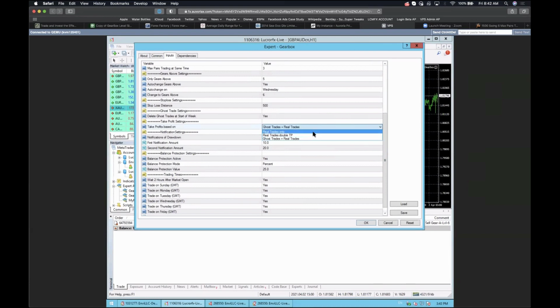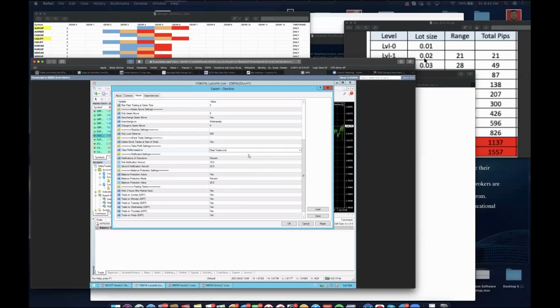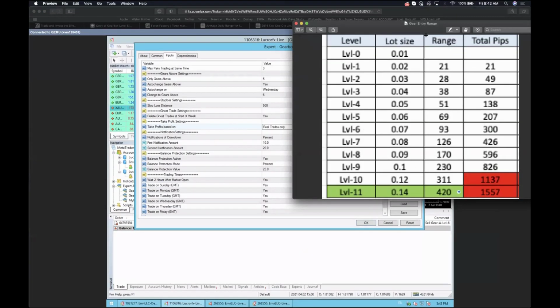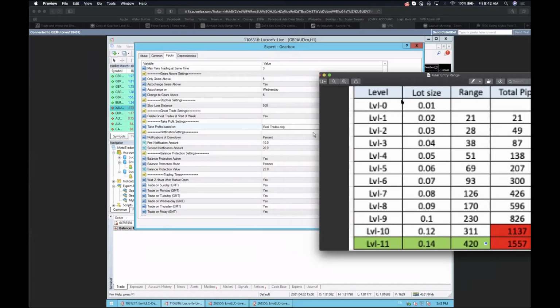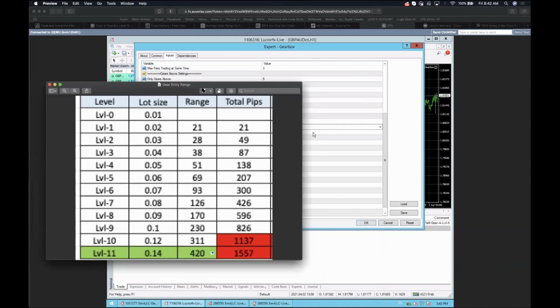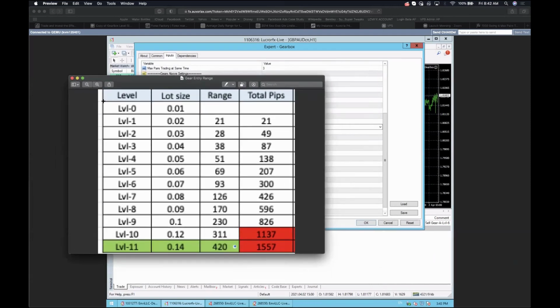So somebody might ask, okay, what are the differences between these different take profit settings? Well, the first thing I want you to understand is real trades only is based off the base algorithm. What does that mean? It means that even if you were to enter a level 4 trade, it's just going to set a 30 pip take profit. It's not going to act as if any of these other trades existed.